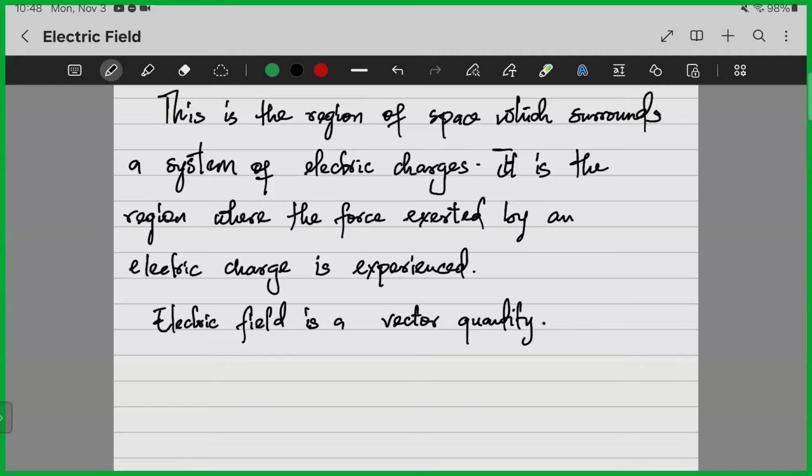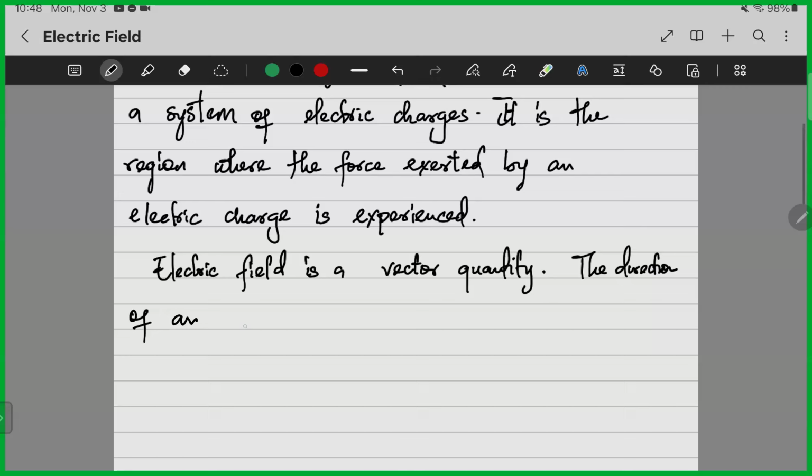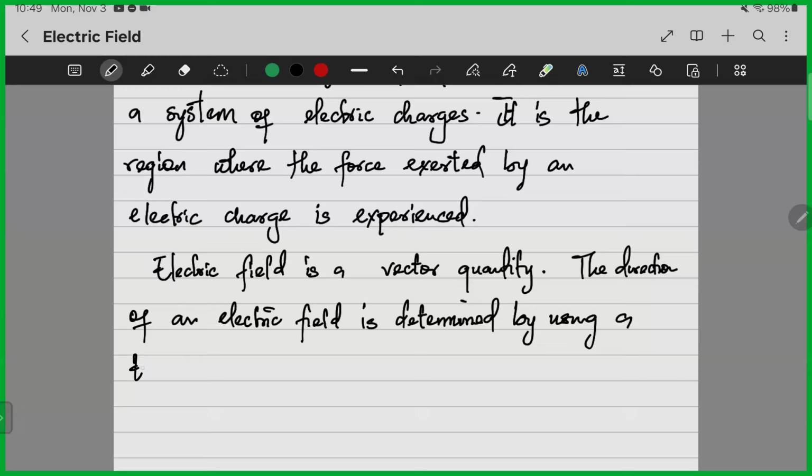and take note that the direction of an electric field is determined by using a test charge.